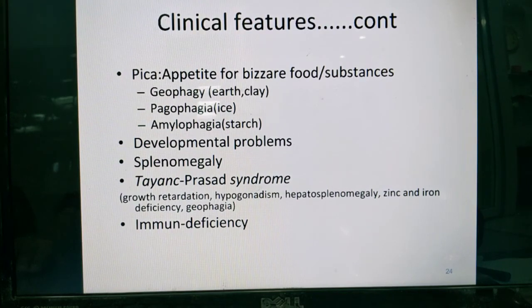Pica, an appetite for bizarre food substances like geophagy for earth and clay, pagophagia for ice, and amylophagia for starch.